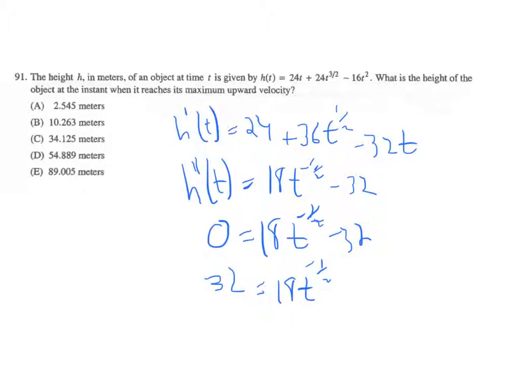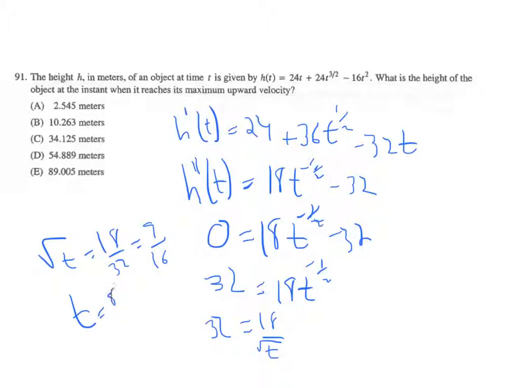So we can rearrange this a little bit. This is 32 equals 18 over root t, which means that root t equals 18 over 32. That's 9/16, which means that t is equal to 81 over 256. And then we have to find the height.